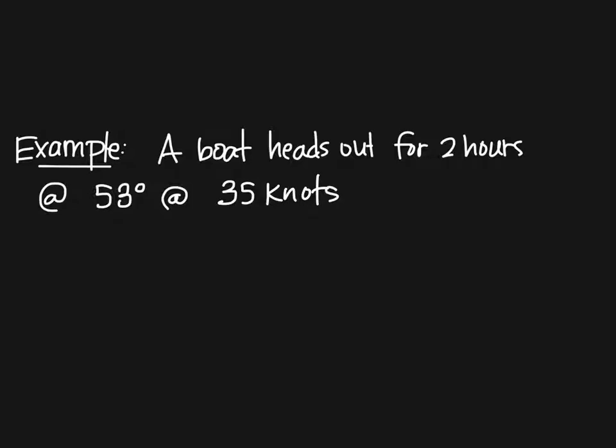Knots is the measurement on water for speed. It stands for nautical miles per hour, but rather than saying nautical miles per hour every time, people just say knots. It means nautical, which is on water, miles per hour.